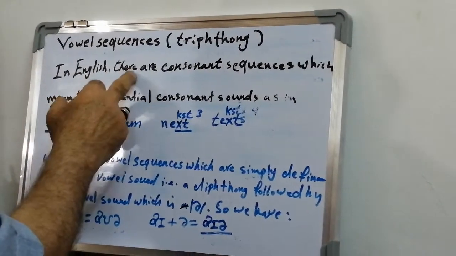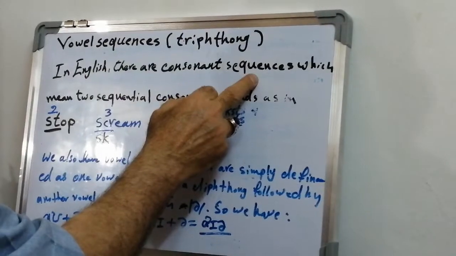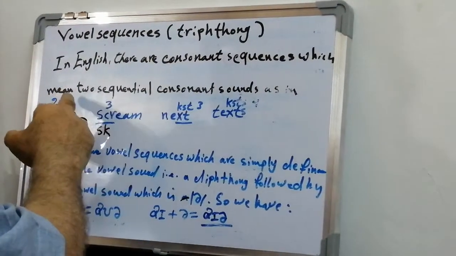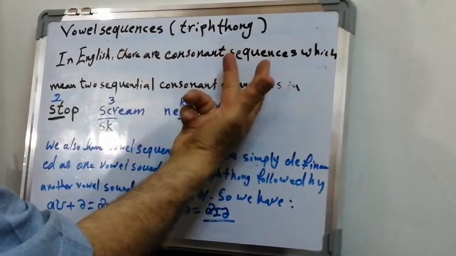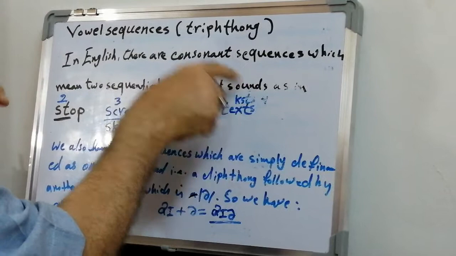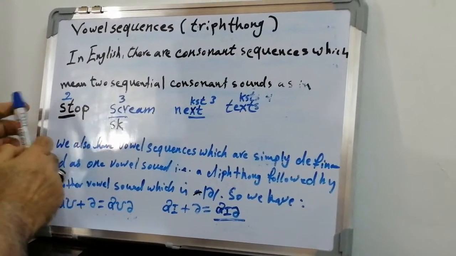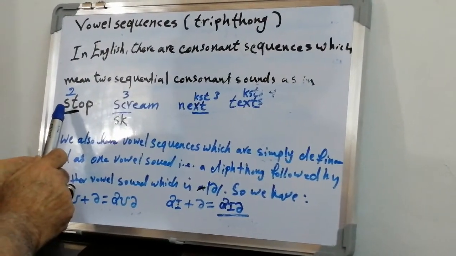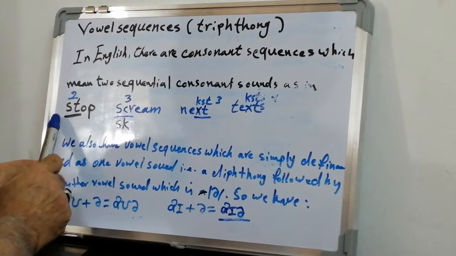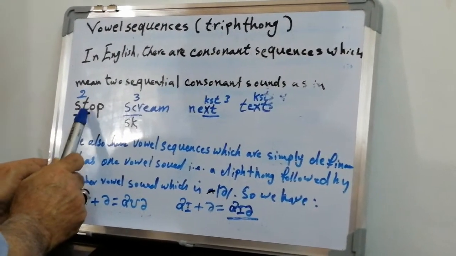We say in English there are consonant sequences. What does it mean, consonant sequences? Two sequential consonant sounds. For example, in English we have the word stop. Here we have two consonant sounds, one after the other.